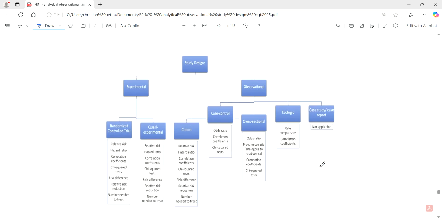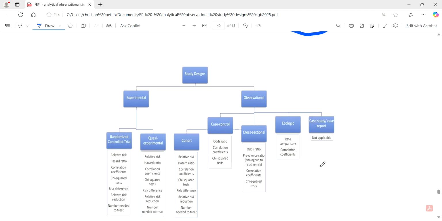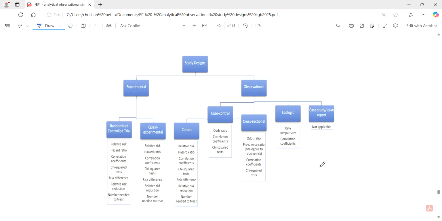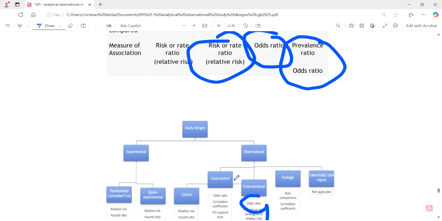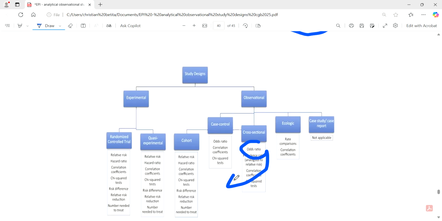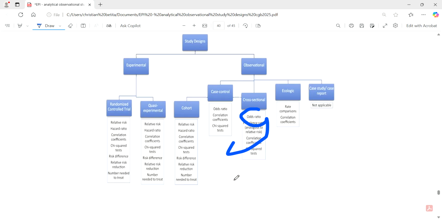Okay, this slide just shows the different tests that are used for the different types of studies. So we just want to emphasize that these are the preferred tests, okay? So this slide just shows the different tests that are used for the different study designs.